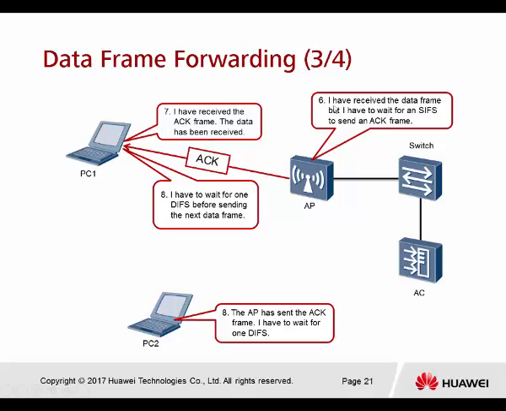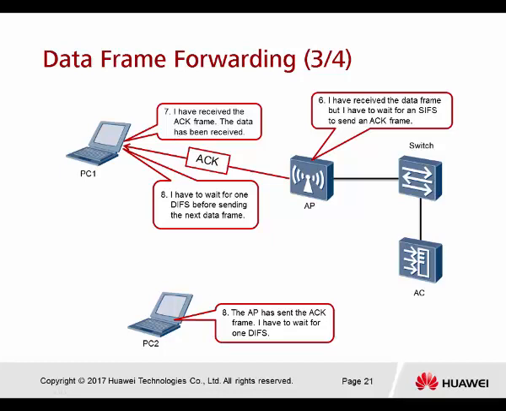Now the AP has received the data frame, but it has to wait for the SIFS to send the acknowledge. So the AP forwards the acknowledge to PC 1. PC 1 receives the acknowledge frame, so the data is confirmed as received by the AP.